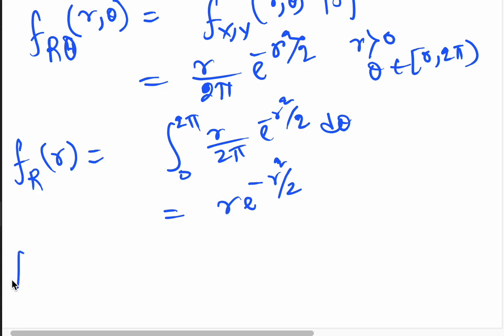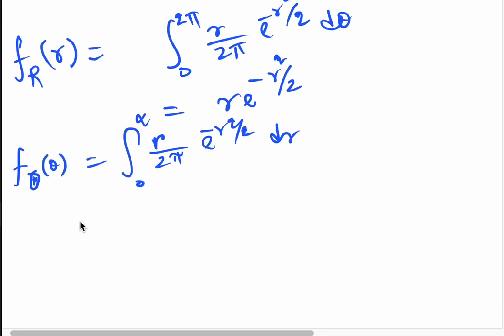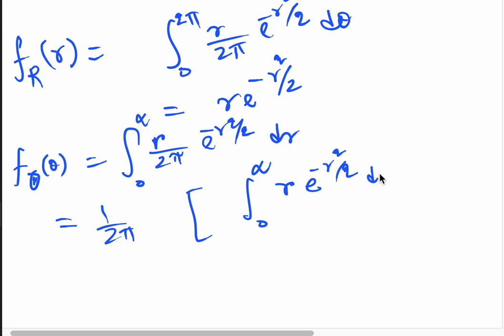And the marginal distribution of theta will be the integral from 0 to infinity of r by 2 pi e to the power minus r square by 2 dr, so that is 1 by 2 pi times the integral from 0 to infinity of r e to the power minus r square by 2 dr.